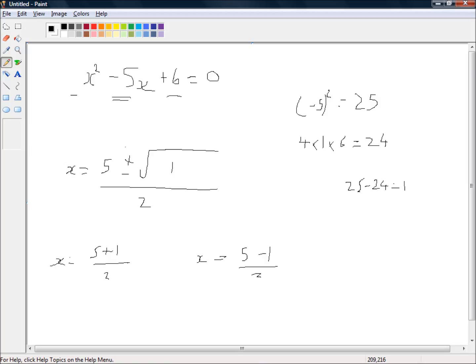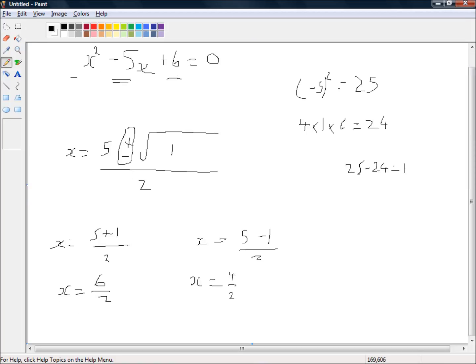That's what that plus minus term means. It means there's two solutions. One is when you add them and the other is when you take them away. So x is equal to 6 over 2 and x is equal to 4 over 2. So x is equal to 3 or x is equal to 2.